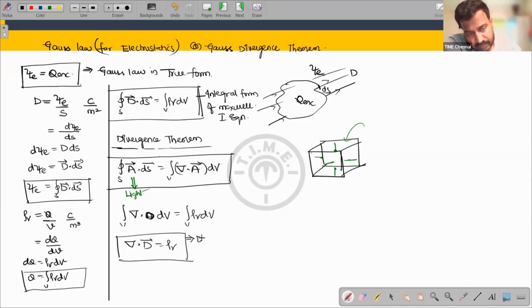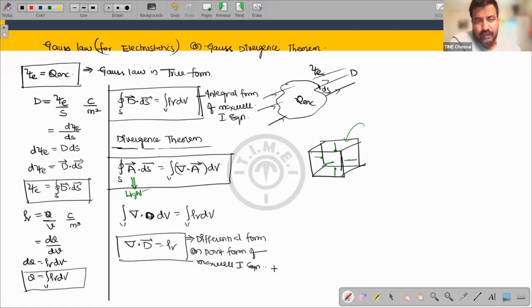This is called the differential form or point form of Maxwell first equation.